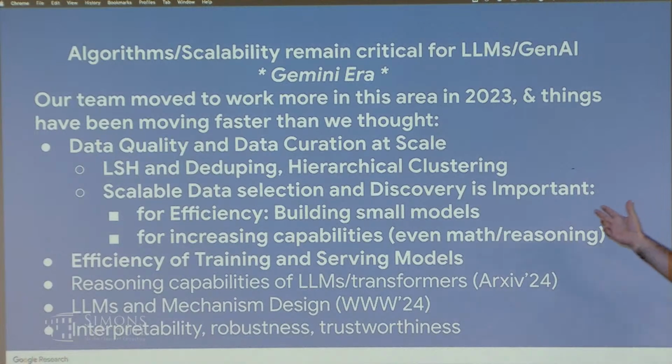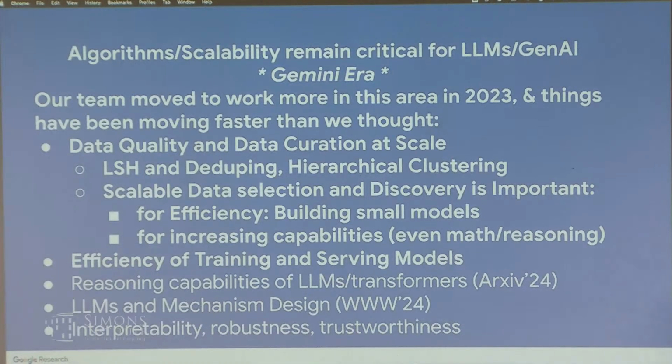In 2023, we started looking more into how we can contribute to this space. These are the areas that we identified as very important algorithmic and scalability areas. The first and most important is data quality and data curation at scale. Algorithmic tools like LSH, deduping, hierarchical clustering, and different types of clustering algorithms, if used properly, are critical to improving different capabilities of these large models.